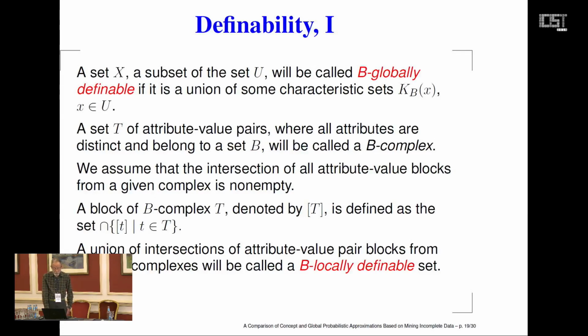We can also use the idea of definability, and this is just to make sure that our concepts can be expressed by rules. If a concept can be expressed by rules, it is locally definable.